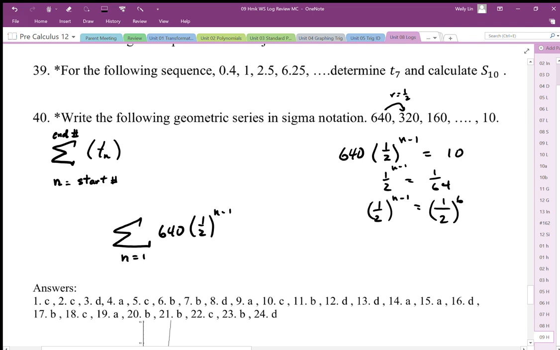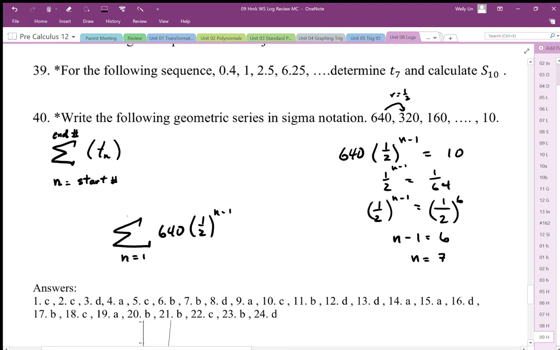Once we equated the bases, we know that n minus 1 must equal 6, because 2 to the power 6 is equal to 64. So that's why I know that 1 over 64 is equal to 1/2 to the power 6. I can equate the exponents once I get to that point, and I calculate that n is equal to 7.